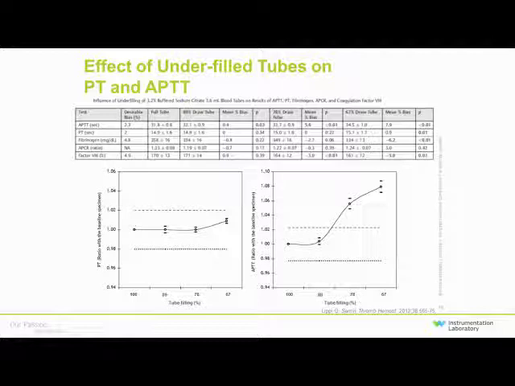The PT is not affected as much, but the current recommendation, and we'll talk about the guidelines in coagulation, is that we should not be accepting tubes that have less than 90% fill volume. For those of you in the laboratory, you know sometimes that's very difficult to actually visually inspect because many times there's numerous labels on the tubes themselves.